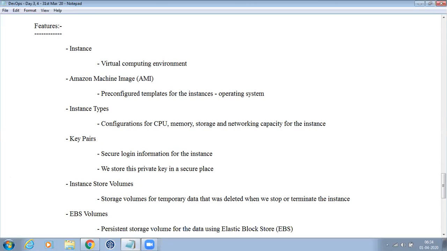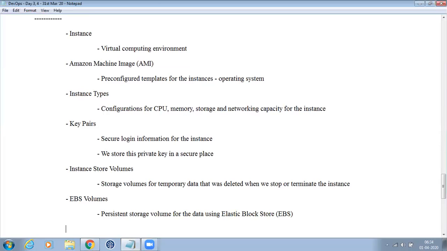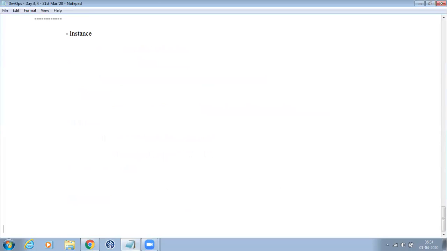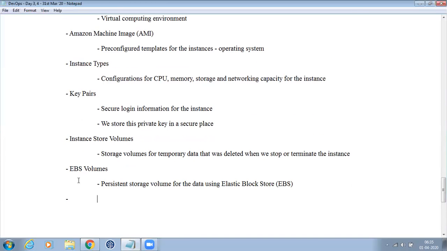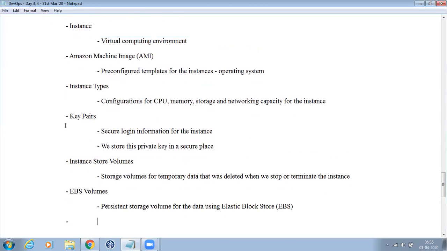It's a storage volume. That is the temporary instance store volume. This is the permanent EBS. Okay, let me save this.